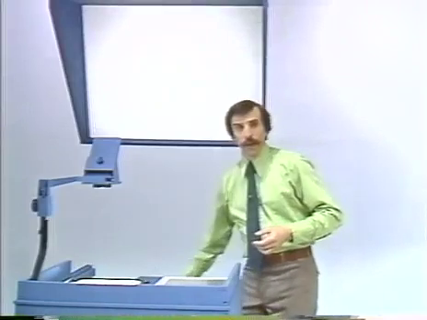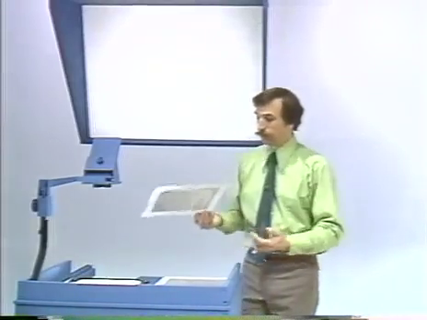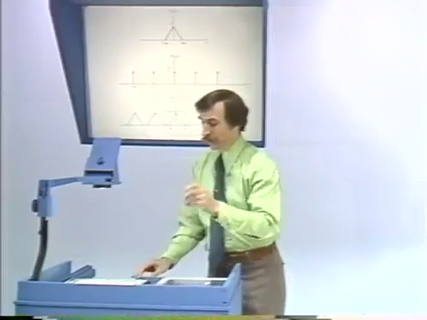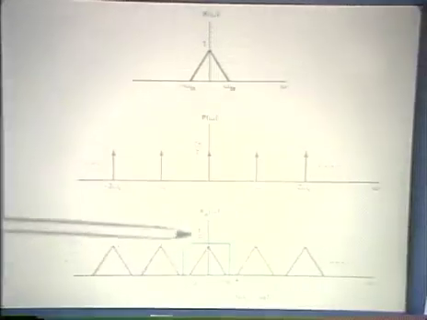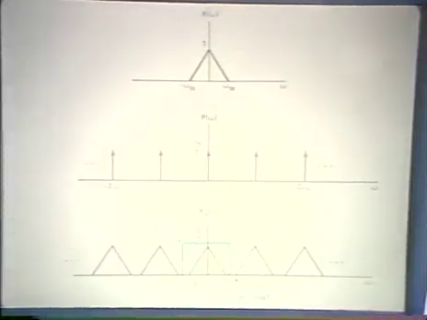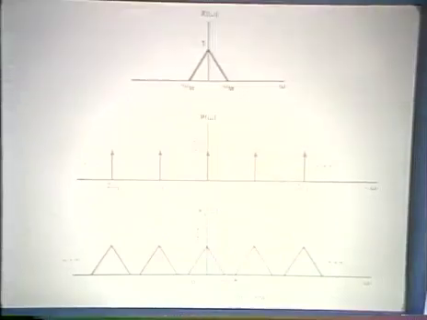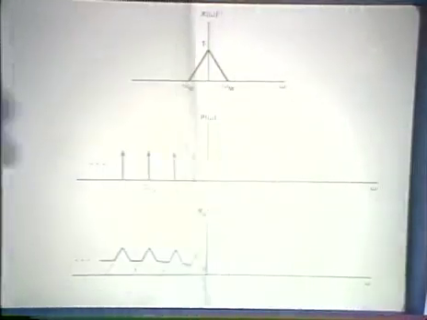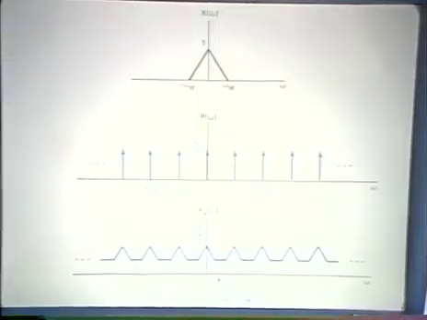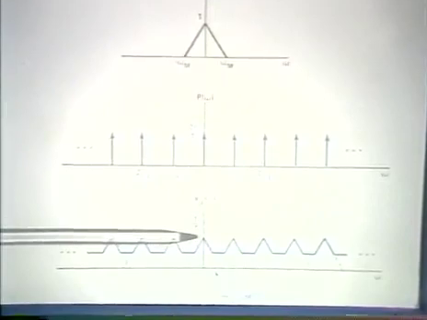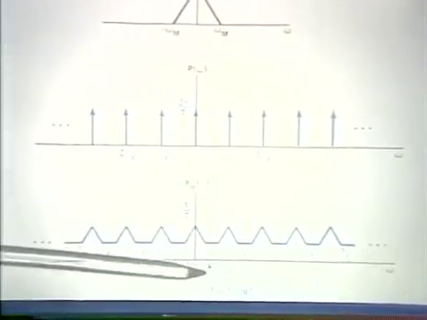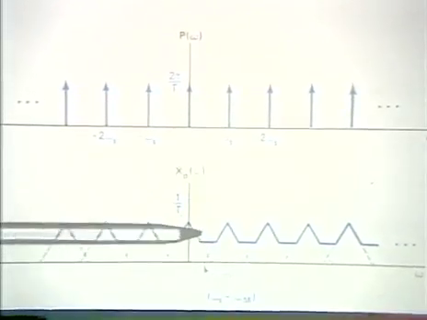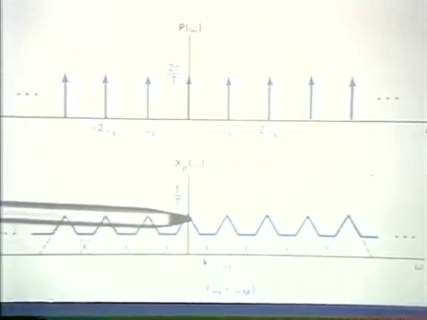In particular, if we look back at our original example, where we were able to recover our original spectrum by low-pass filtering, if the sampling frequency is not high enough to avoid aliasing, then what happens is that the individual replications of the Fourier transform of the original signal overlap, and what we end up with is some distortion.